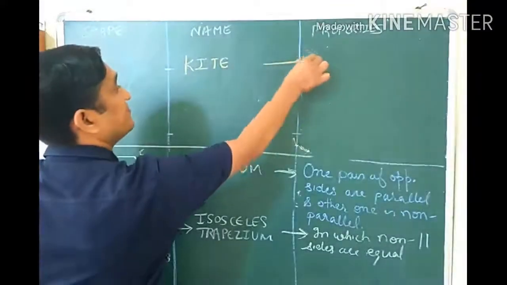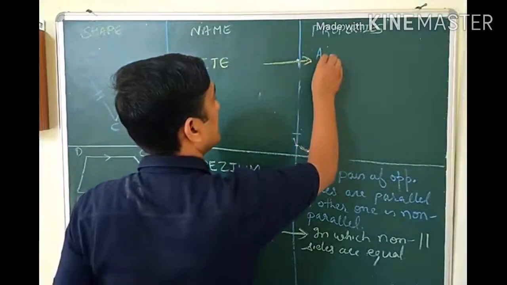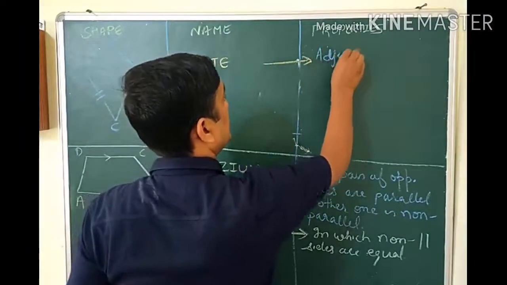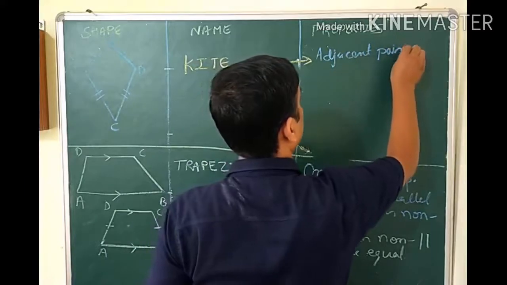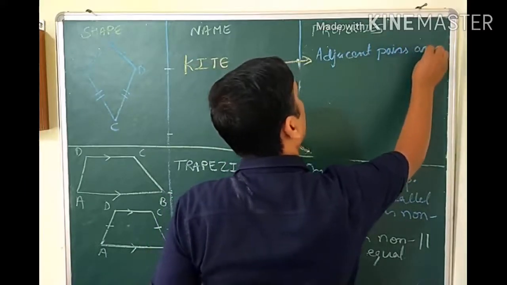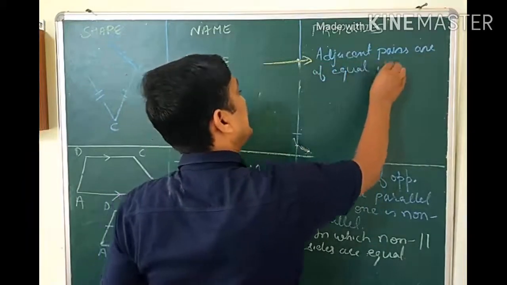In which adjacent pairs are equal in length.